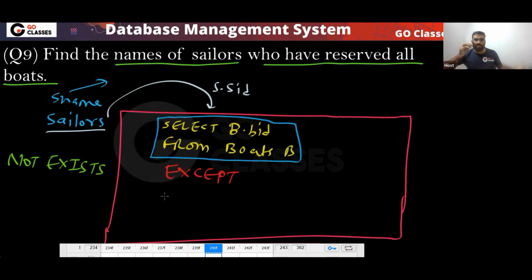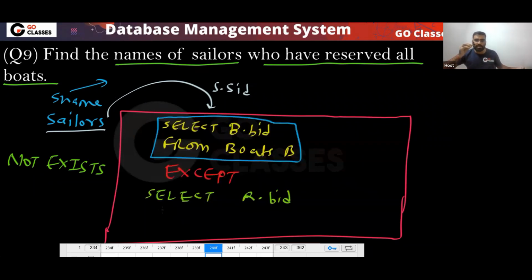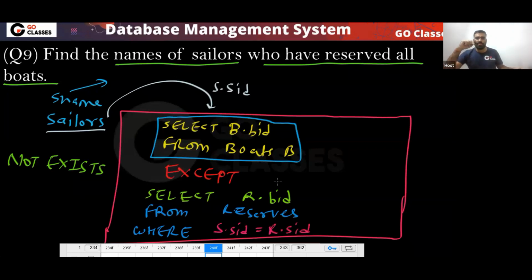So I want to find out those BIDs: select r.bid from reserves where s.sid equals r.sid. Give me those BIDs. Yes or no? That's it.